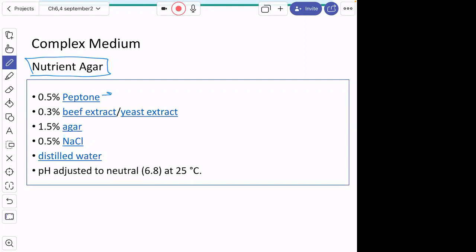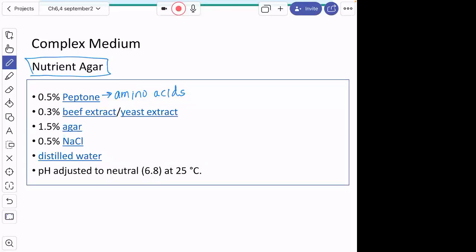Peptone, basically that's just some short chains of amino acids. Okay, so that makes sense. In order for bacteria to make their own proteins, we have to give them some amino acids. A lot of bacteria can biosynthesize at least some of their own amino acids, but if we give them some in the medium, sometimes they need that.